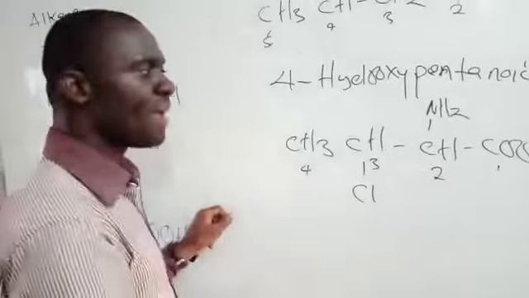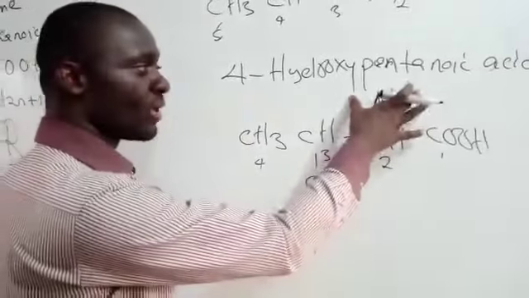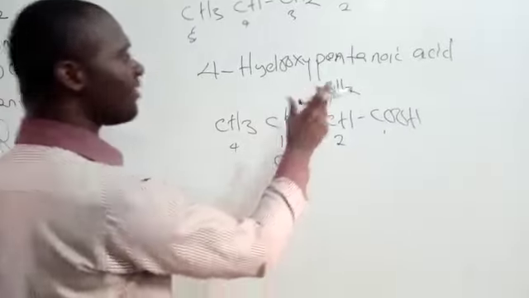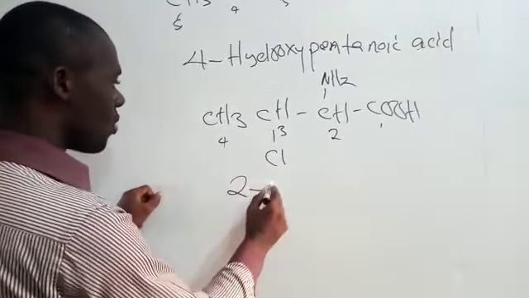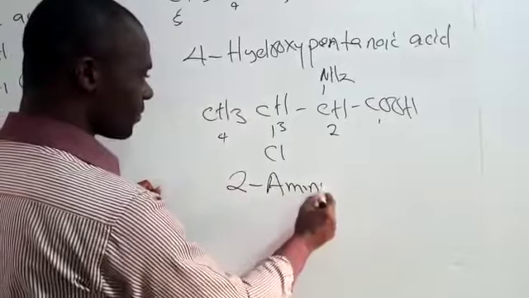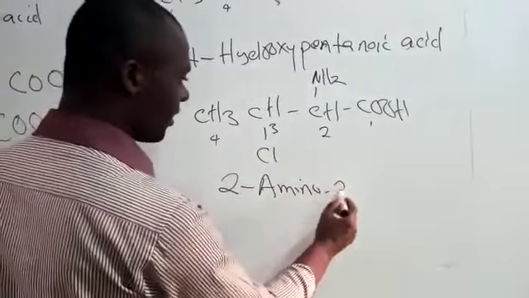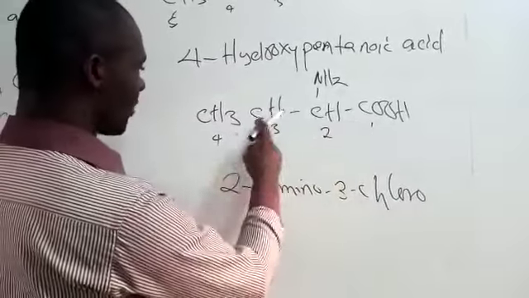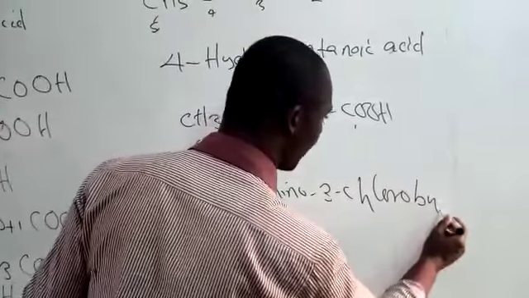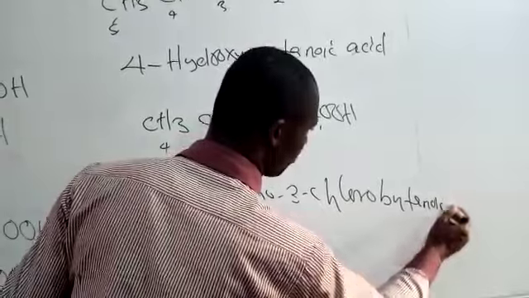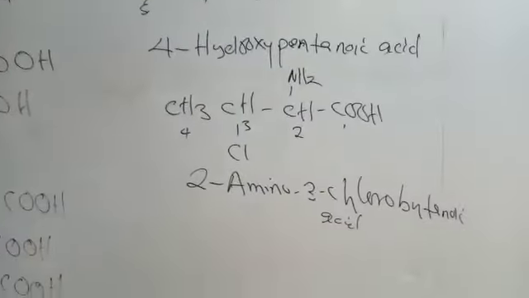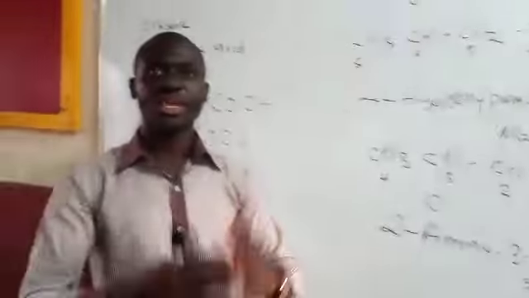Now, you name them in alphabetical order. This amino, that's A, and this chloro, that's C. So A comes before C. So the name of the compound will be 2-amino, 3-chloro. How many carbon atoms? 1, 2, 3, 4. Butanoic acid. So that is how you name the carboxylic acid.